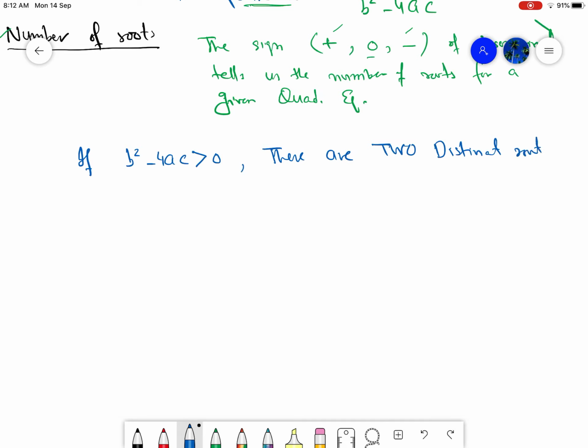So the equation will have two answers, two values of x.